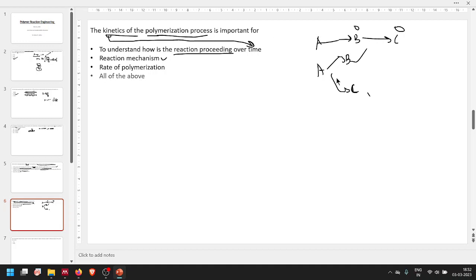Since favorable and unfavorable reactions are commonplace, it is necessary to understand the kinetics so that we can improve the rate of the favorable process so that more pure polymer product is formed. Next, we have rate of polymerization, which is quite synonymous with the kinetics of the polymerization process. So we can see that all these three parameters describe the kinetics of the polymerization process.